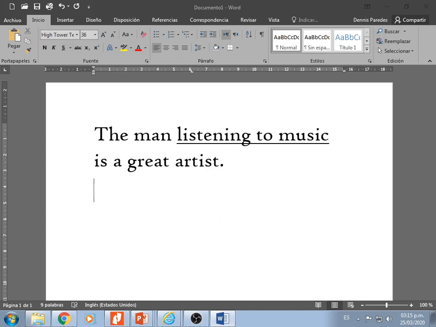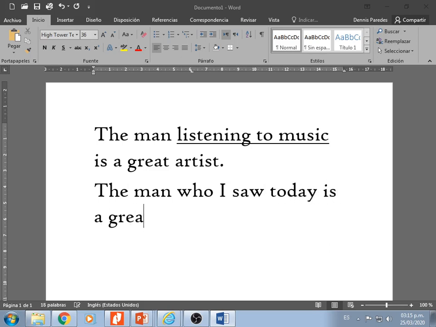But what if we have the following? The man who I saw today is a great artist. So here, the relative clause is "who I saw today". But the problem is that I'm not talking about the same person right here. This is not the subject.